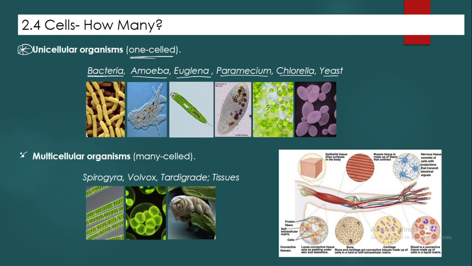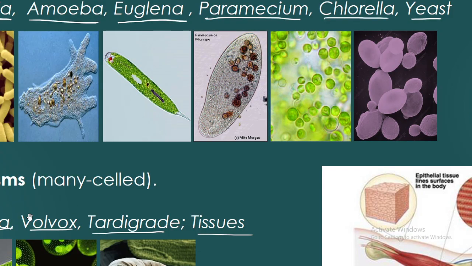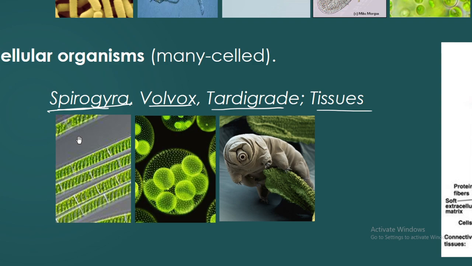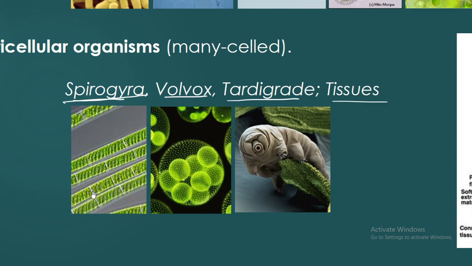The other one is the multicellular organisms. Some of the examples are Spirogyra, Volvox, tardigrades, and tissues. When you say multicellular organisms, that means there are many cells. For example, in the Spirogyra, you are able to see some fine white lines like this.